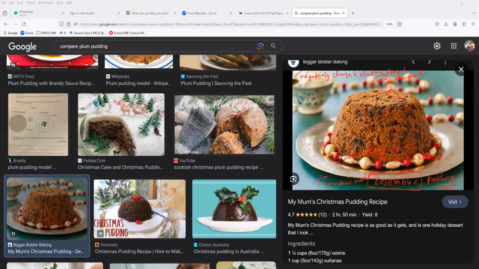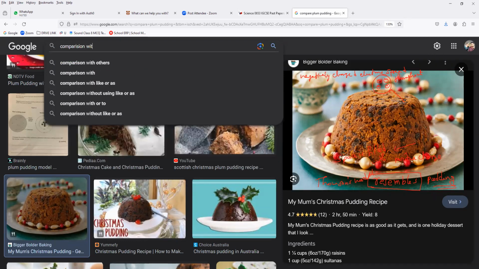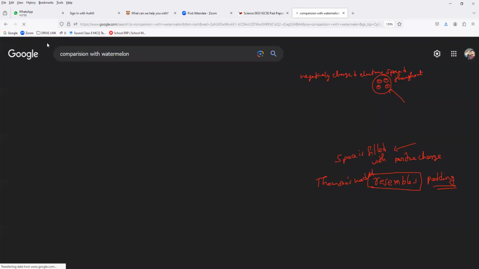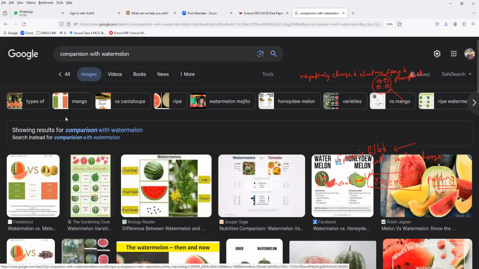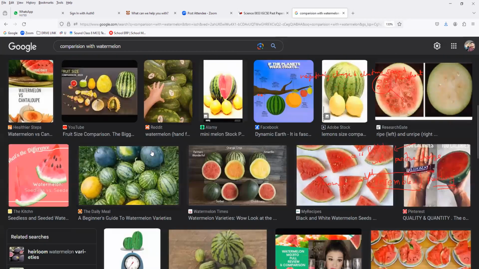So the next model which is compared is, as you all know, the watermelon. How many of you know watermelon? You eat it in summer, correct?